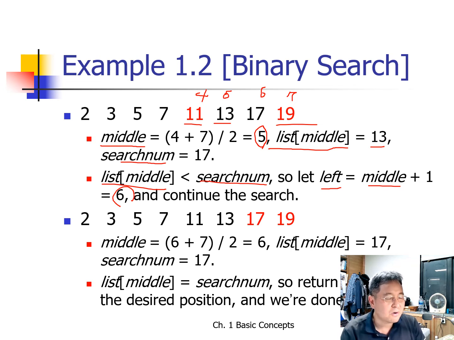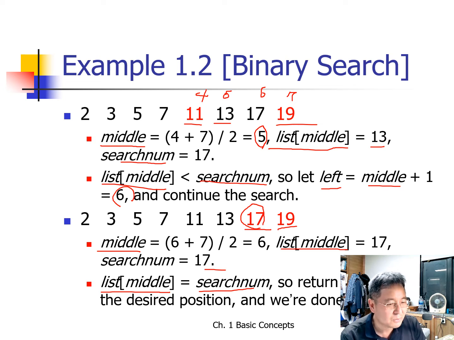Now left is 6 and the right is 7. So the new middle number becomes 6 plus 7 divided by 2 equals 6. The list middle value becomes 17 and such num is also 17. So such num and the list middle value are the same.